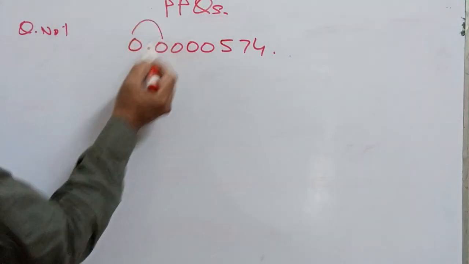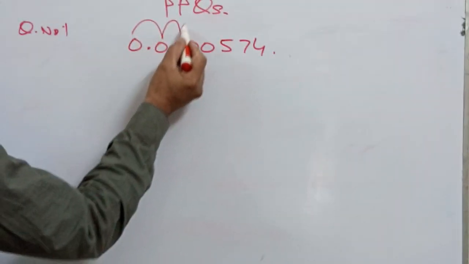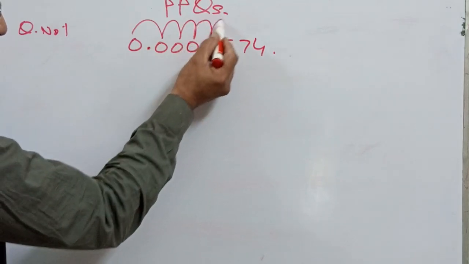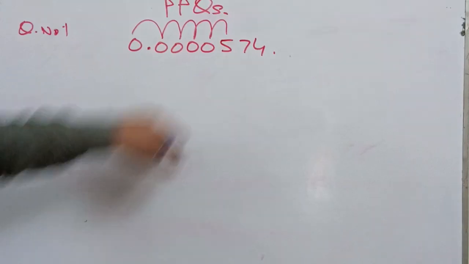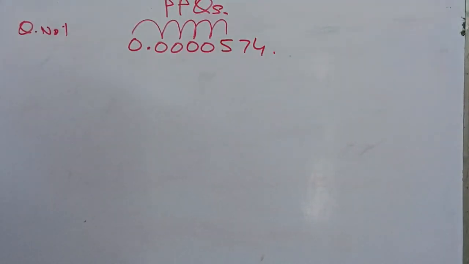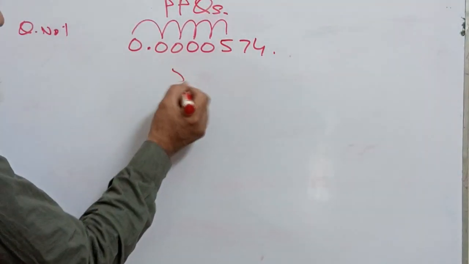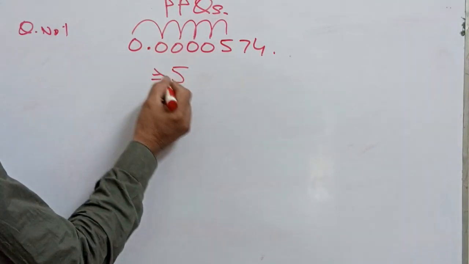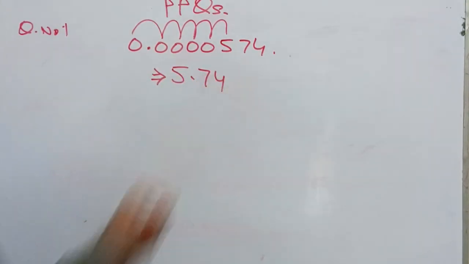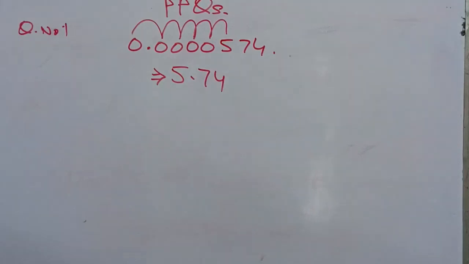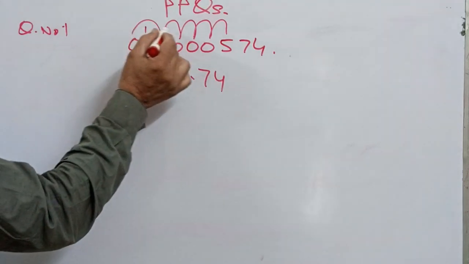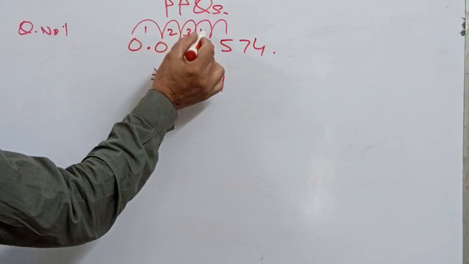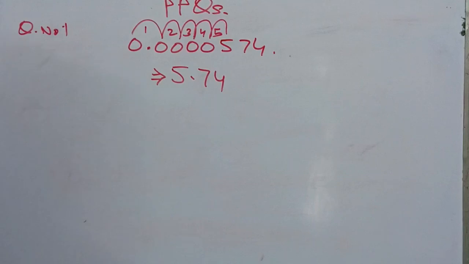So what will I do? I'll just draw some waves on it till the first number after the zeros. So it will become 5.74. Now just count the waves: 1, 2, 3, 4, 5. How many waves are there?